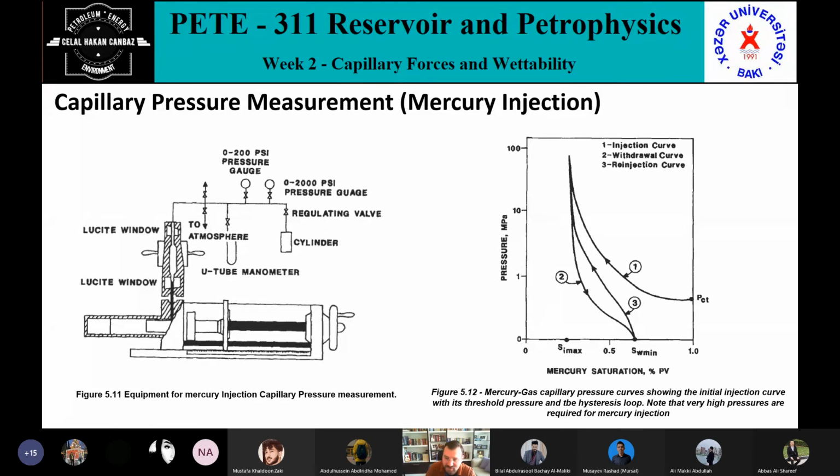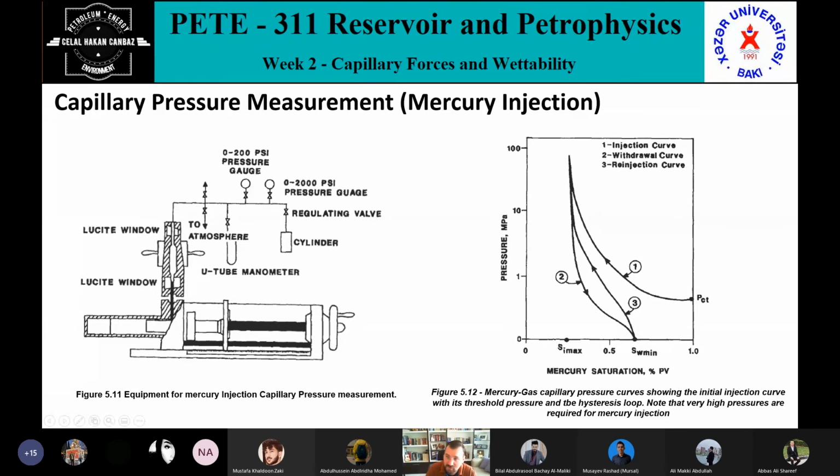The pressure is increased incrementally, slowly from 0 to the maximum pressure that can be reached, but very high pressures are needed. So this is another disadvantage of mercury injection, and you need to know this one.